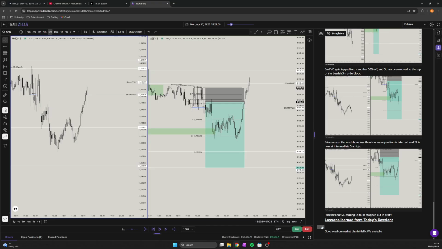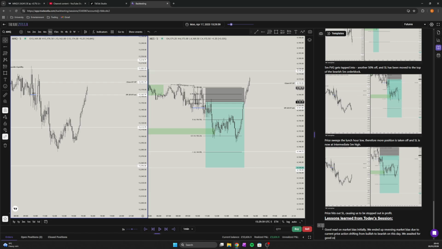We ended up reversing market bias due to current price action, shifting from bullish to bearish on this day. We awaited good confirmation on the 15-minute time frame before entering, right?